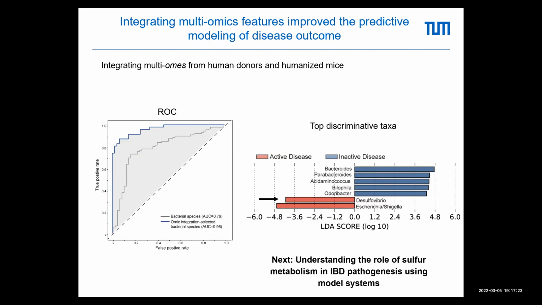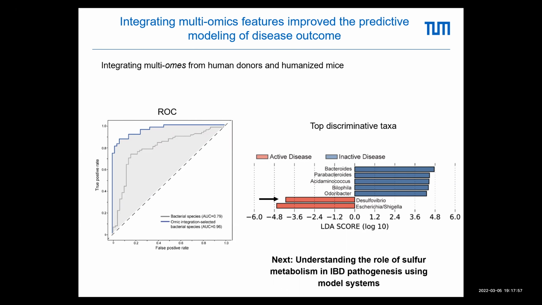And finally, we used all these data from humans and from humanized mice, from 16S rRNA gene sequencing, from shotgun metagenomics and metabolomics, and we integrated all these data in an integrative framework. And we used a machine learning algorithm to see if we can predict the disease activity of the patients based on this signature.